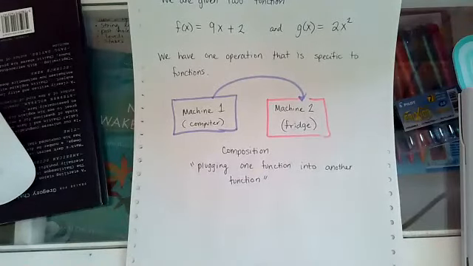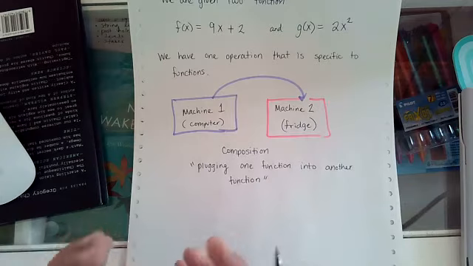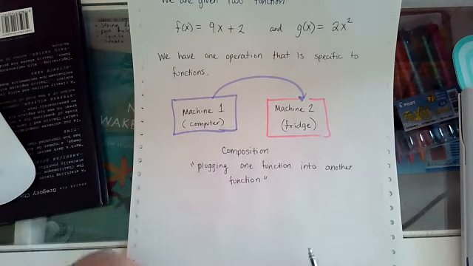That's something you can't do with numbers. I can't plug 2 into 1 or 13 into 14 and get some sort of new number, unless I have an arithmetic operator like addition, subtraction, multiplication, and division.